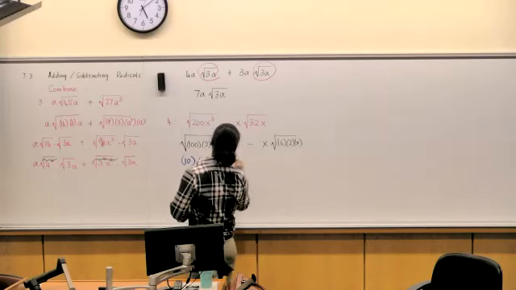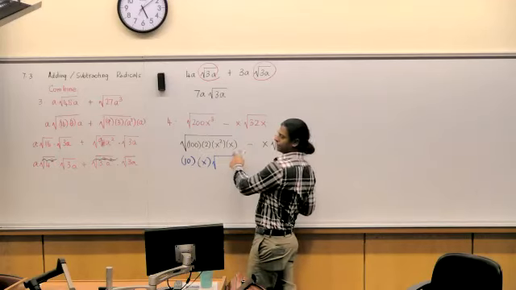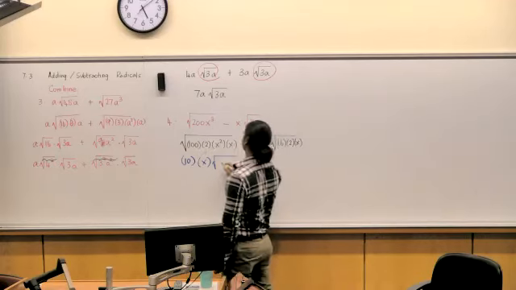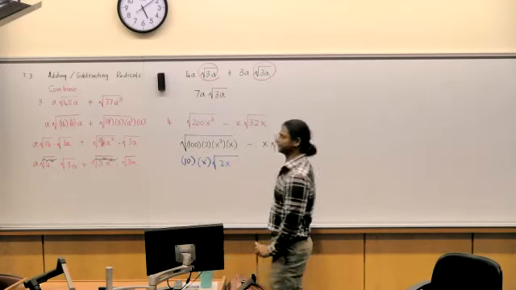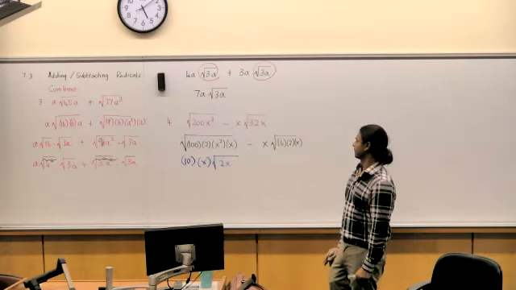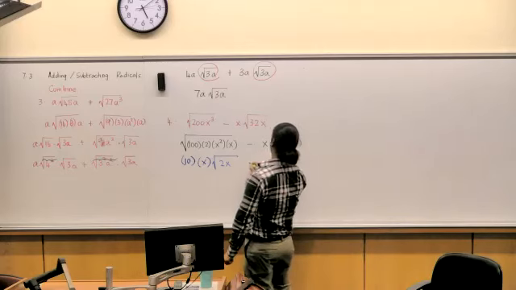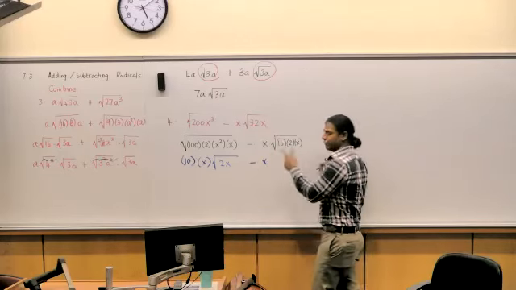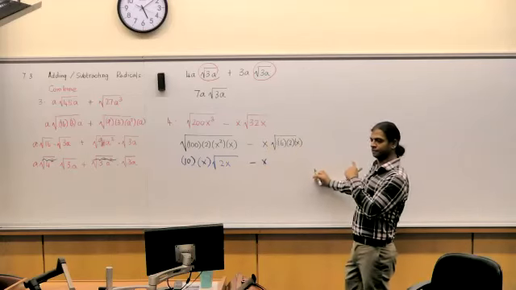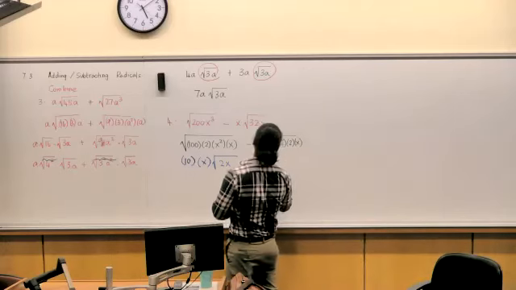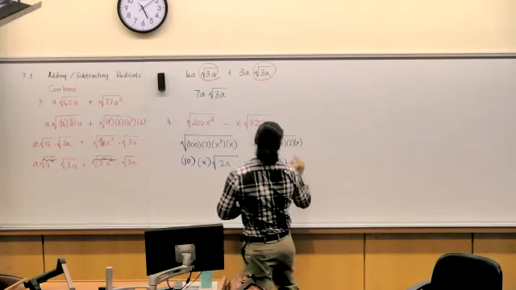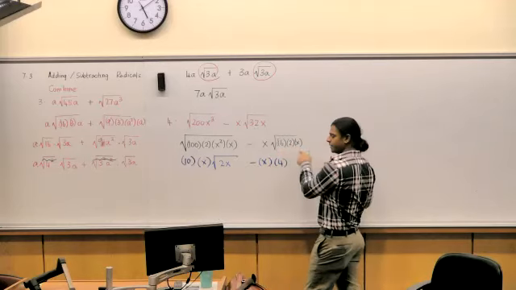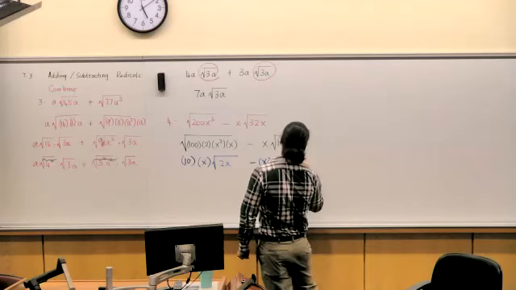So what do we leave behind inside the root? 2 and x. Yes? Over here, minus x. If 16 comes out of the root, it becomes 4. We leave behind 2 and x.